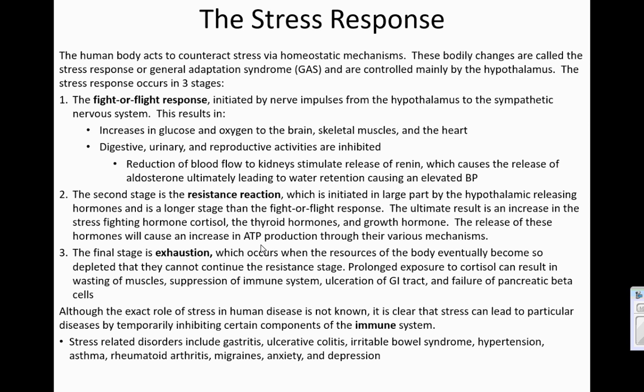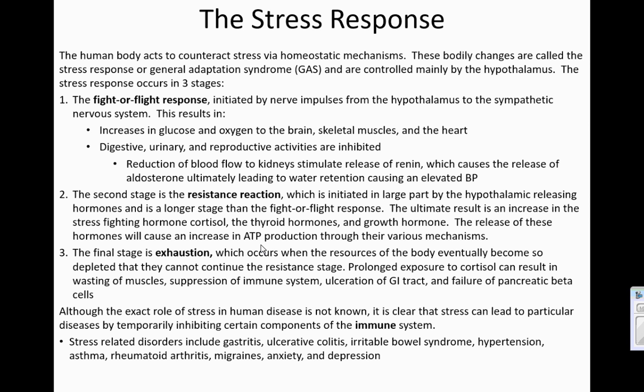Although the exact role of stress in human disease is not known, it is clear that stress can lead to particular diseases by temporarily inhibiting certain immune system responses. Stress-related disorders include gastritis, which would be stomach inflammation, ulcerative colitis, ulcers in the colon, irritable bowel syndrome, a lot of digestive issues.